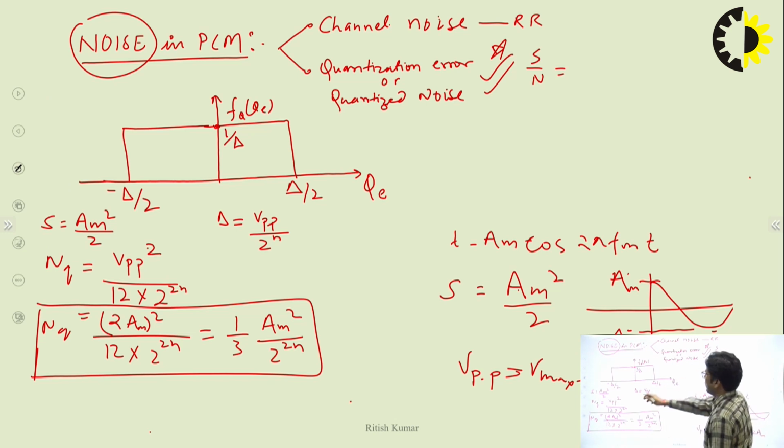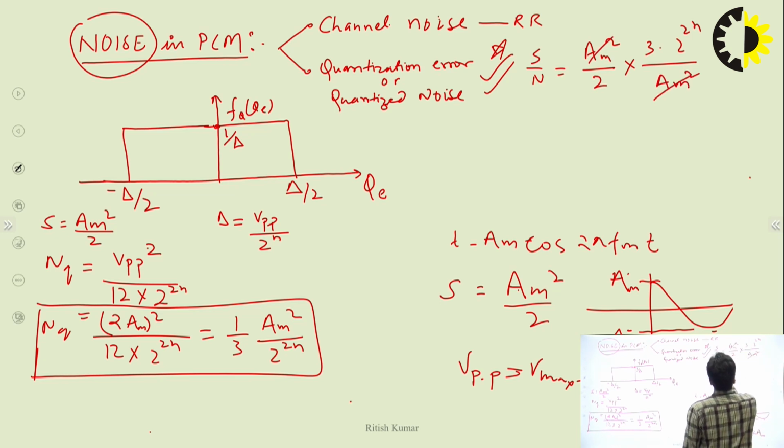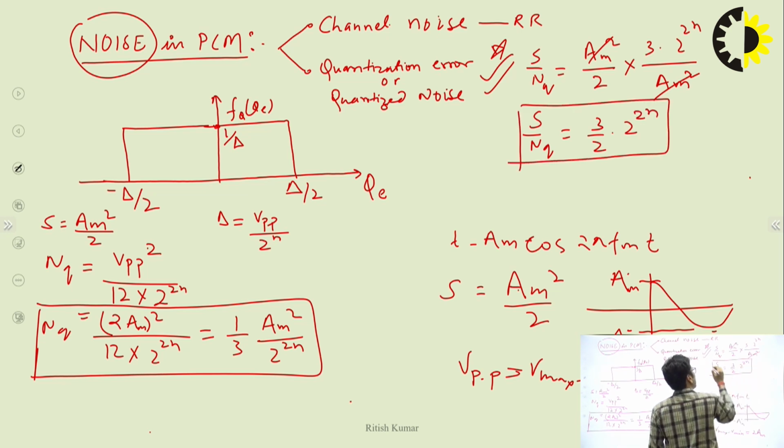S by N, S is equal to Am square by 2, N is equal to 1 by 3 Am square upon 2 to the power 2n. Am square is cancelled out. So the signal to quantization noise ratio is equal to 3 by 2 into 2 to the power 2n. This is important that you have to remember here.